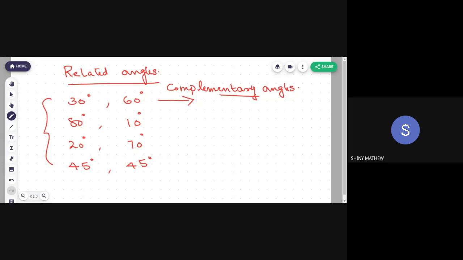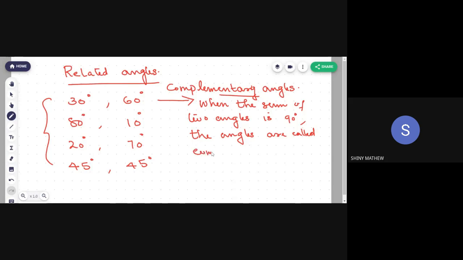Okay, then below you can write: when the sum of two angles is 90 degree, the angles are called complementary angles.